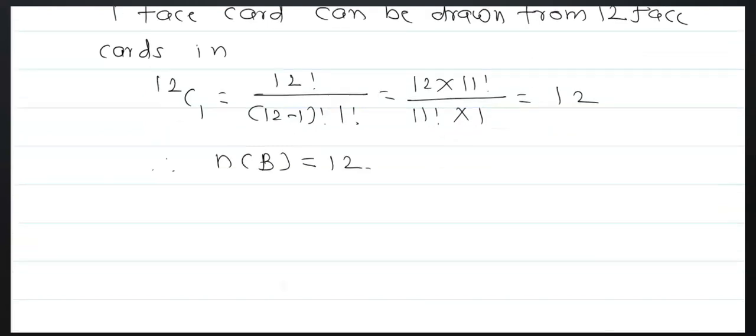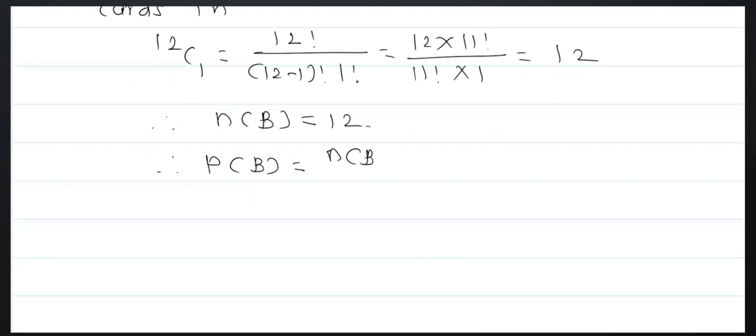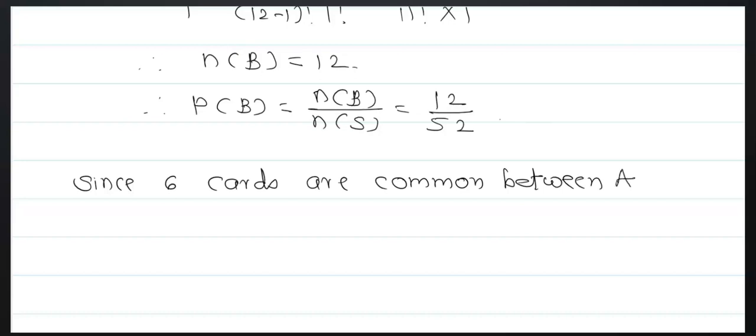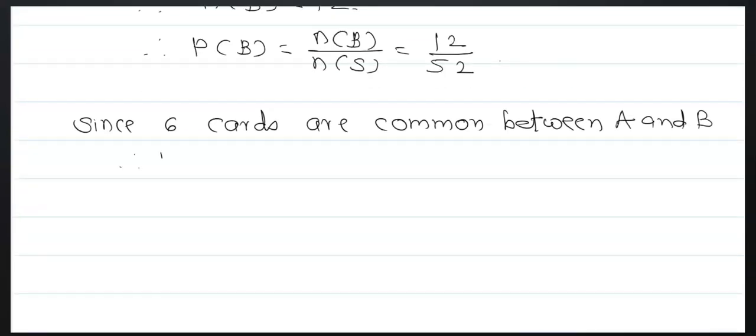Therefore N of B is equal to 12. P of B is equal to N of B upon N of S, and that is equal to 12 upon 52.